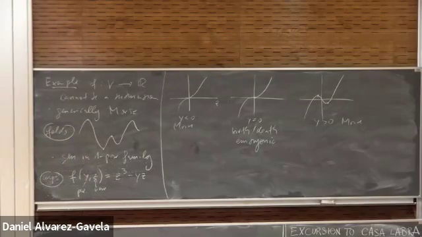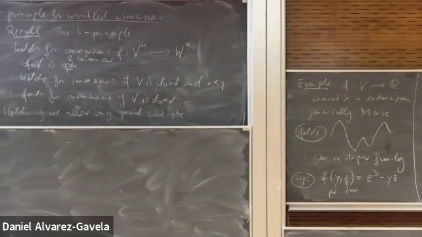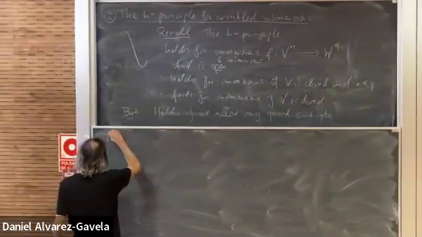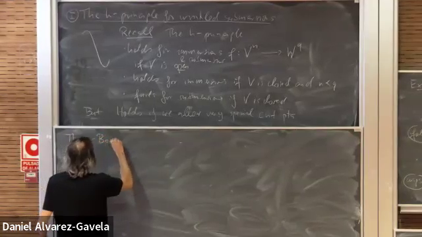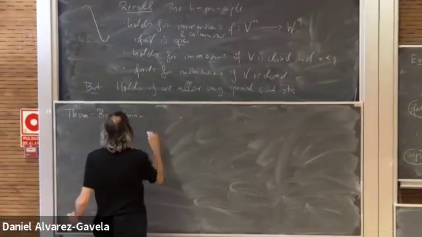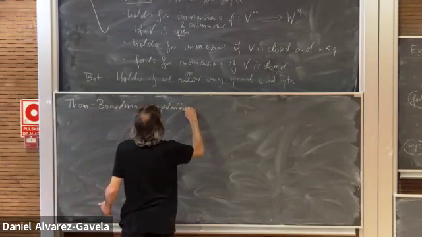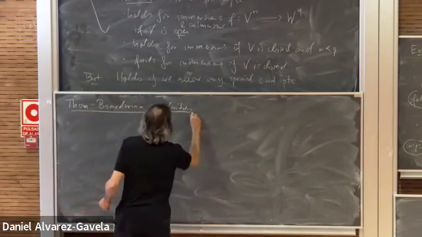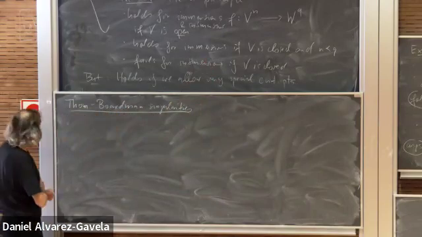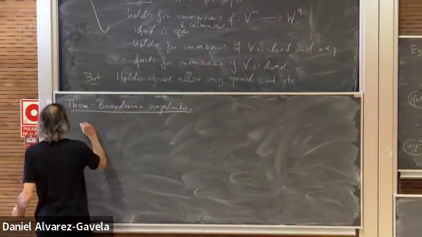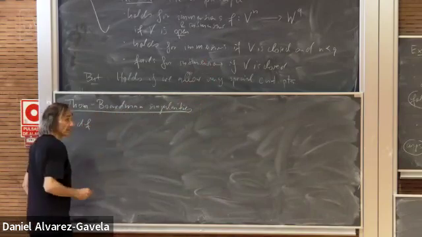Okay, so what is the general situation? So let's talk a little bit about the very simplest cases of the so-called Thom-Boardman singularities. We have this function f from V to W, so we can talk about its differential at some point.